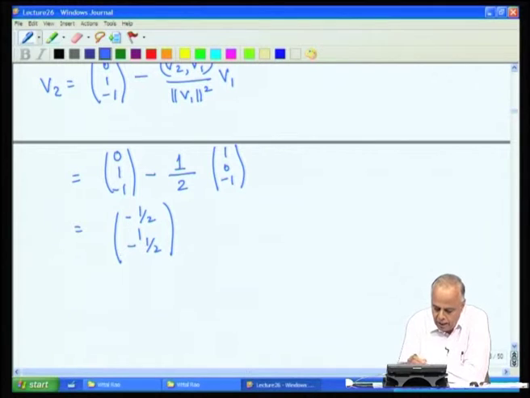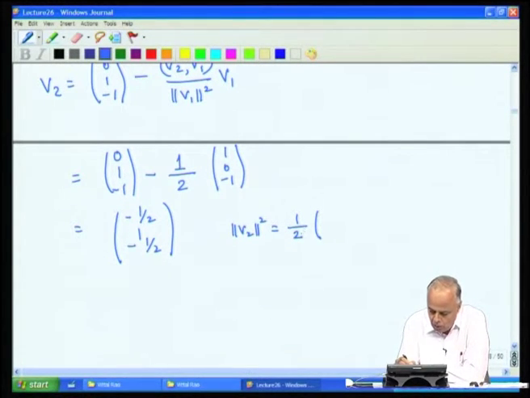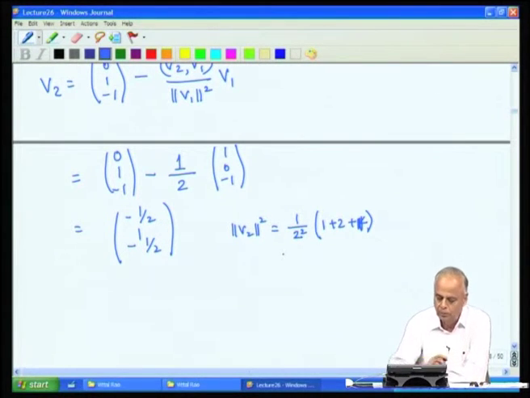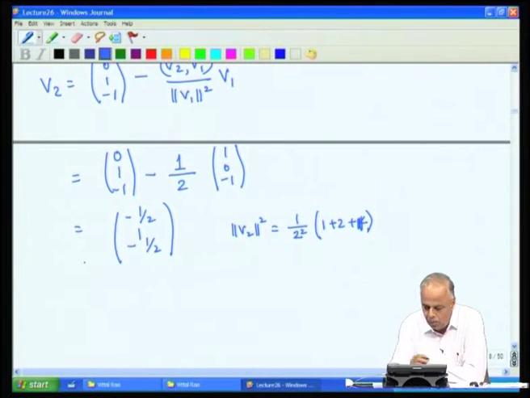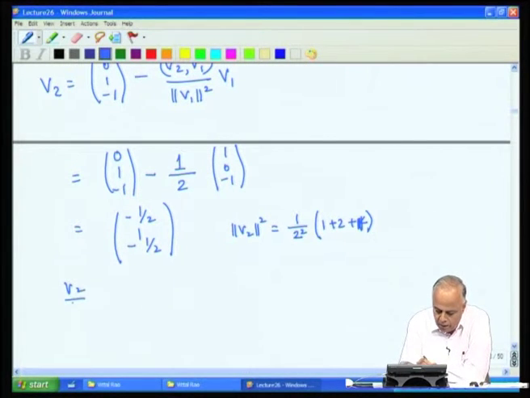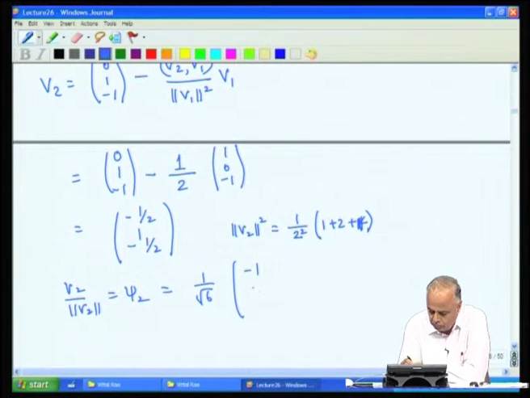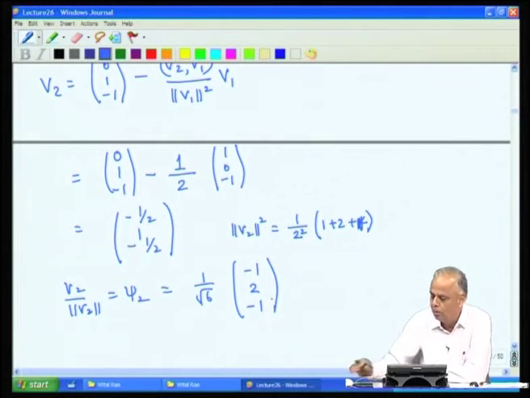Next we calculate norm V 2 squared, which is 1 by 2 squared times the sum of the squares of minus 1, 2 and minus 1. The 1 by 2 has been pulled out. Now, if we divide V 2 by norm V 2, we get psi 2, which is the second vector in the orthonormal basis.